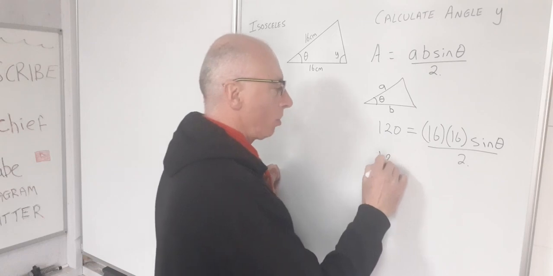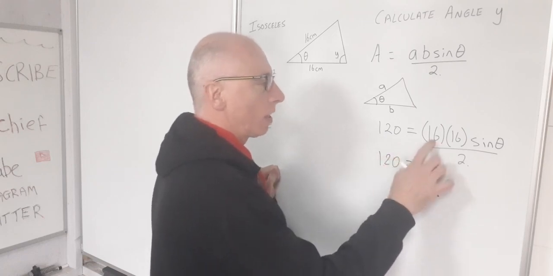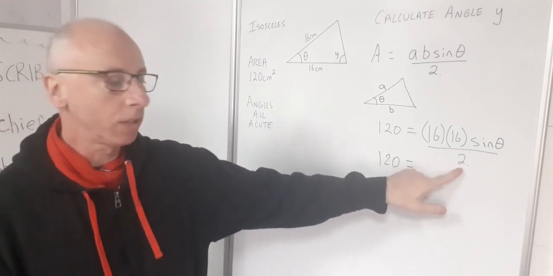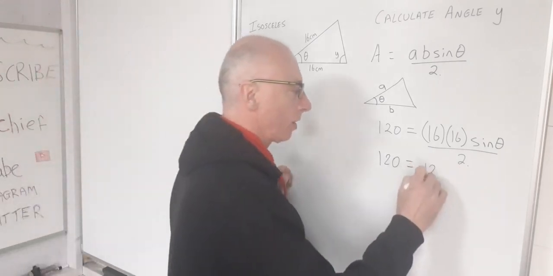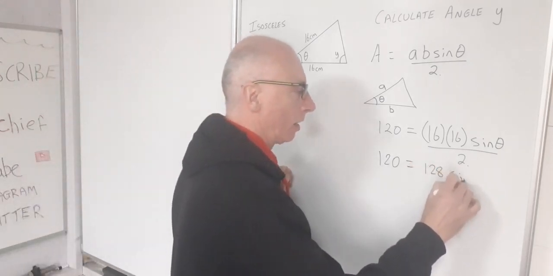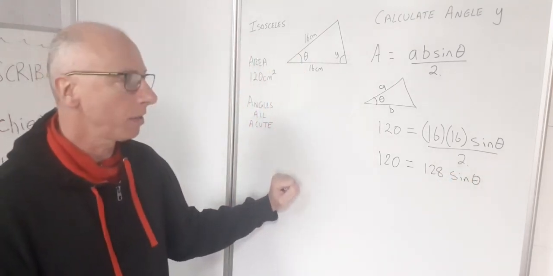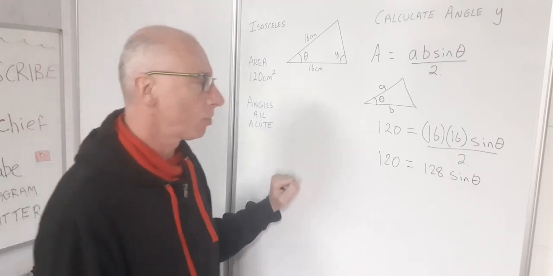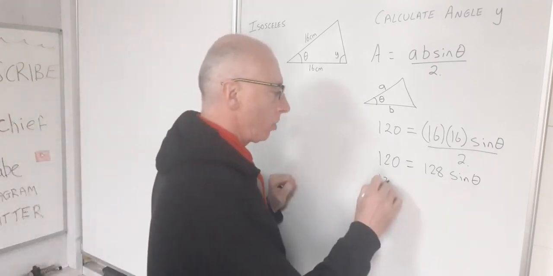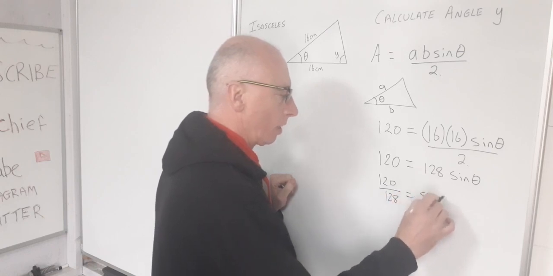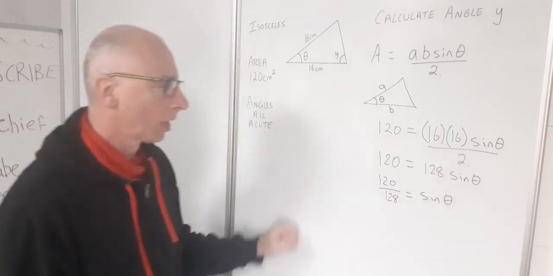So now I've got 120 equals 16 times 16 is 256, divided by 2 is 128. So I've got 128 sine theta. Okay, now to get sine theta on its own, divide both sides by 128. So now I've got 120 over 128 equals sine theta.